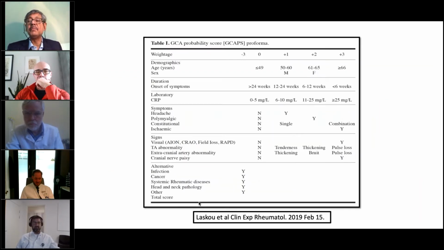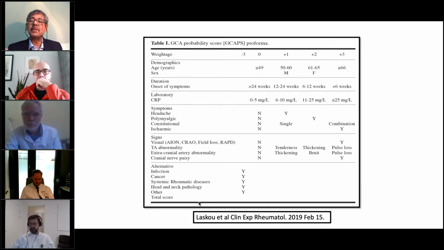The big problem with GCA is that, of course, you need to have a fast-track clinic to try and avoid ischemic sight loss. And to do that, really, you need to be able to see these patients very quickly, the suspected GCA referrals. The problem, of course, is that GCA is actually a very protean disease.